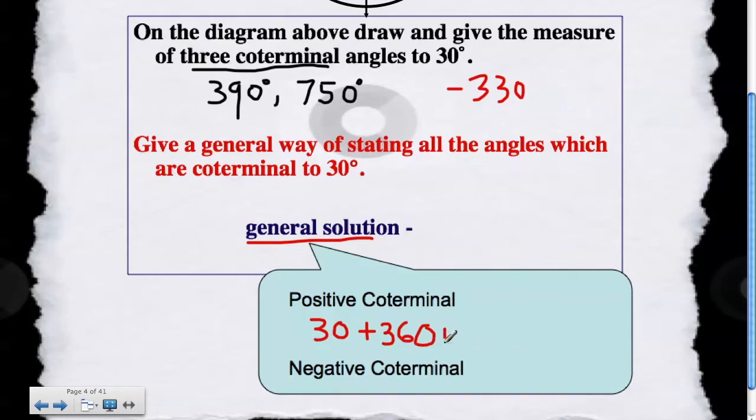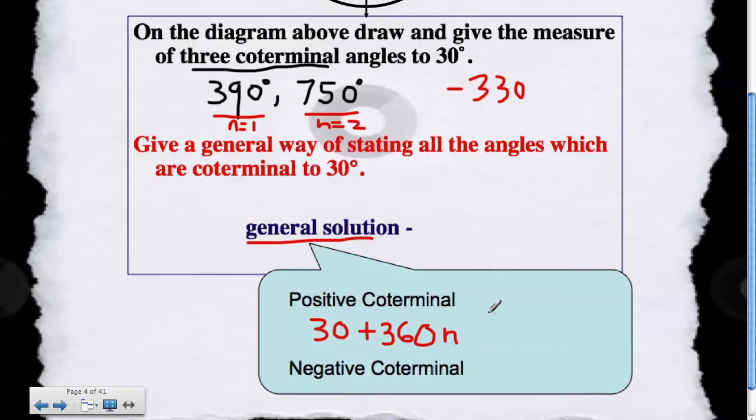General means n, where n is the number of times you go around. For this one right here, my n was 1 because I went around 360 and then I added the 30 to get 390. On this one, my n is 2 because I went around twice, which was 720, and I added that.